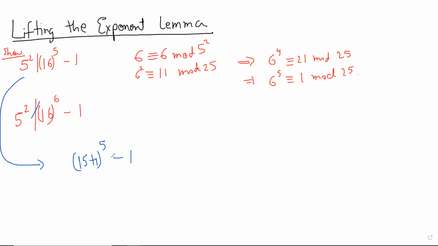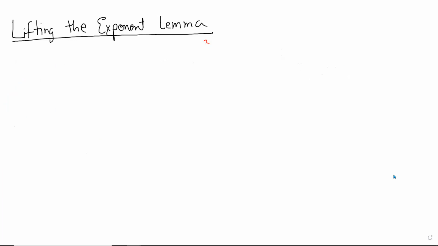Right, that is correct. This 5 and this 15 both will give you 5s. Then let us see if you can use that method to go further. Suppose that x is congruent to 1 mod p.